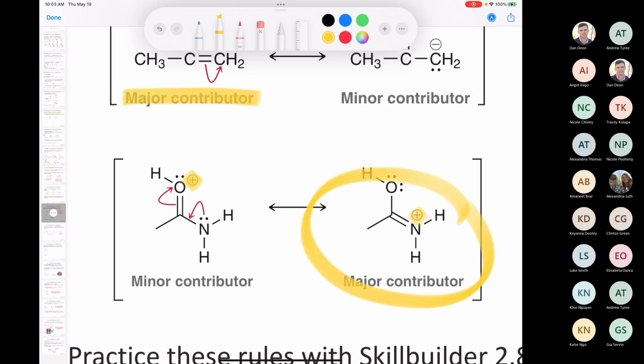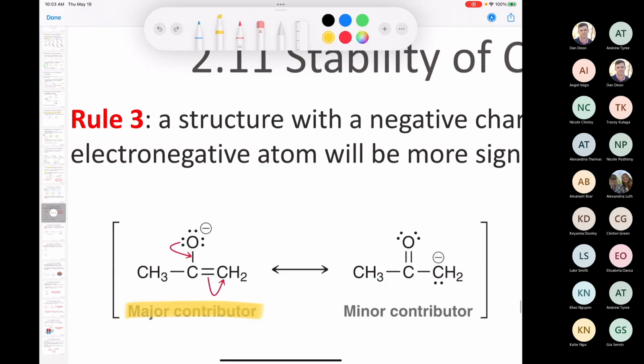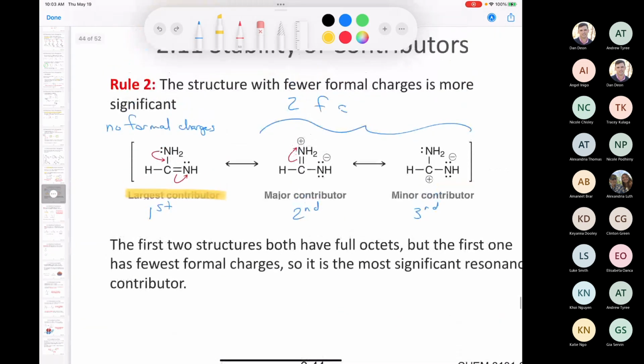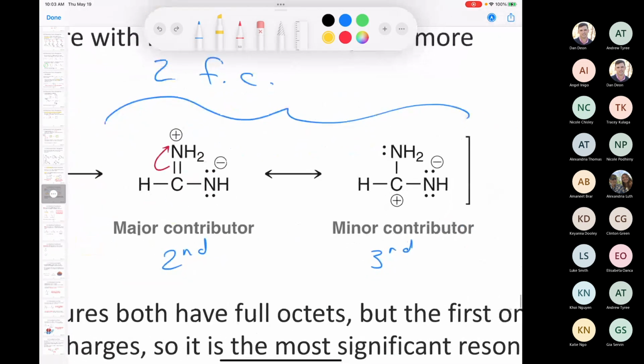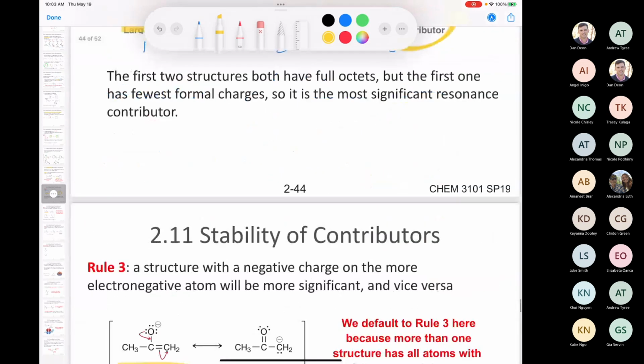So this will be our major contributor. If we go back to the example we just looked at, the reason why this one would be the minor contributor is because the carbon doesn't have a complete octet. However, this nitrogen does have a complete octet.